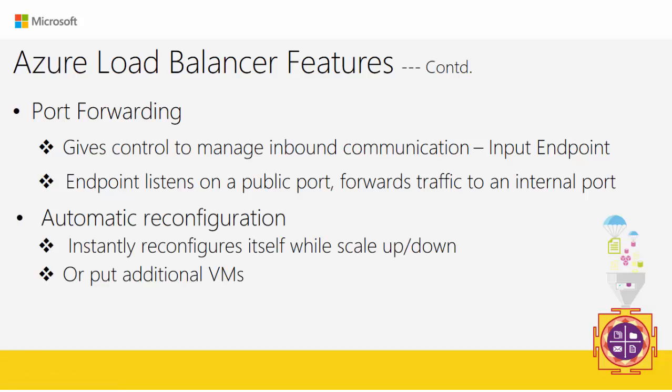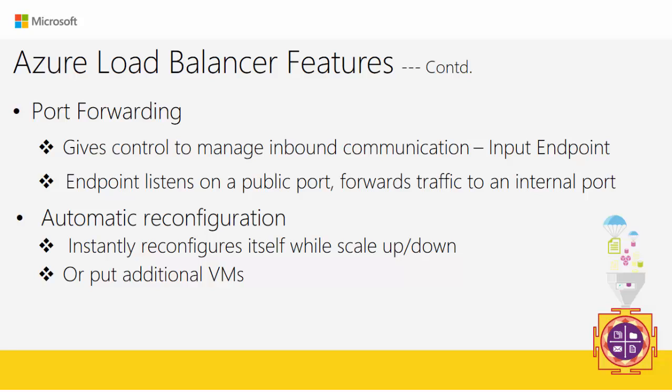Now, one more thing that I like about Azure Load Balancer is its automatic reconfiguration. Azure Load Balancer instantly reconfigures itself when you scale instances up or down. When we talk about a traditional load balancer, what happens is you install new virtual machines, and you have to again specify to the load balancer that this is the new set of virtual machines which I have added in my load balance configuration.